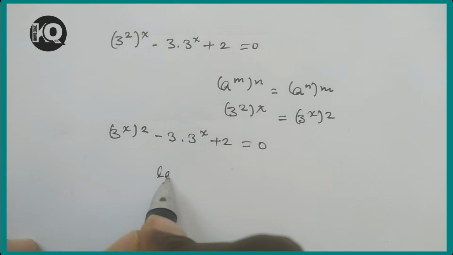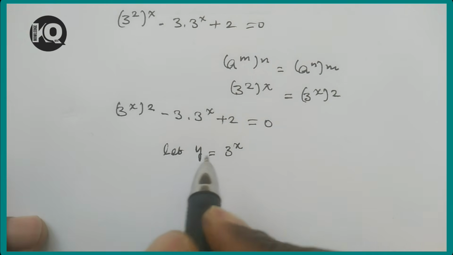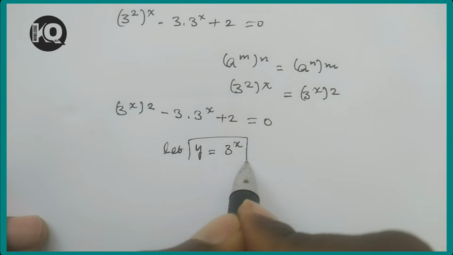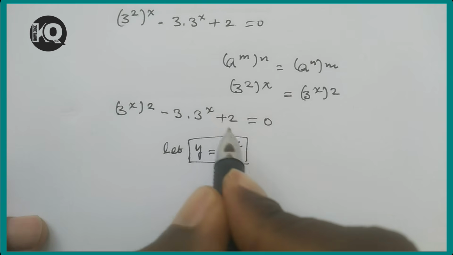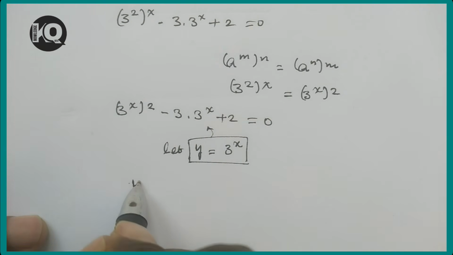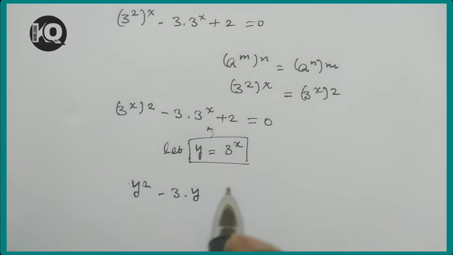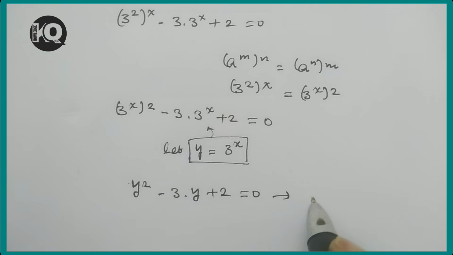Let y be equal to 3^x. Substituting this into the equation, we get y squared minus 3y plus 2 equal to 0, which is quadratic.